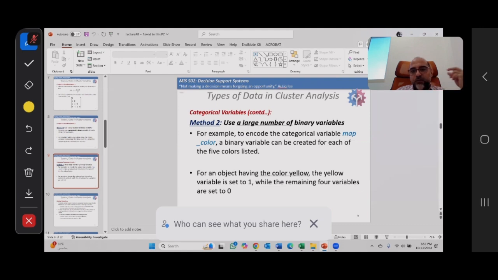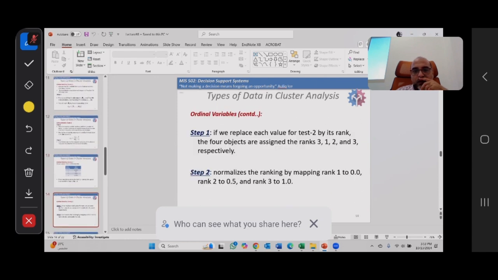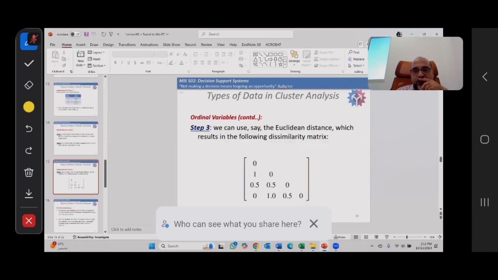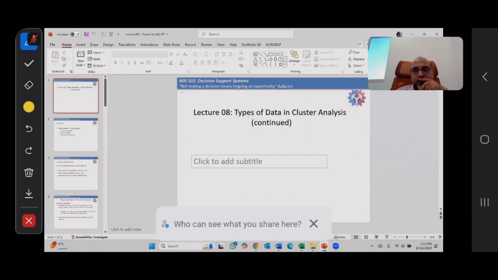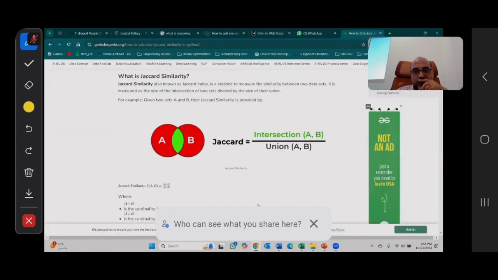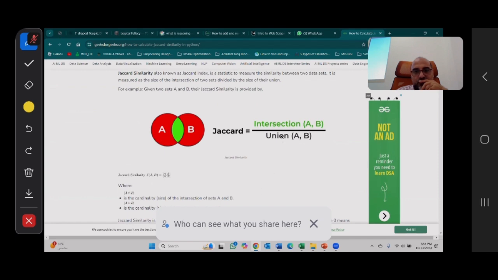There can be two colors, or more: red, green, blue, 5, 6, 10 colors. In this case, you can find similarity and dissimilarity in the same way, and I want you to look at this Jaccard formula.